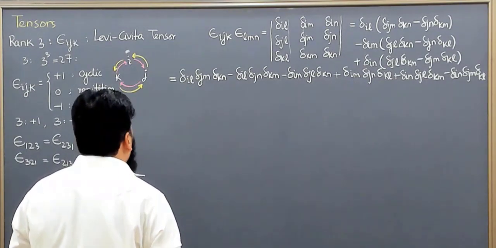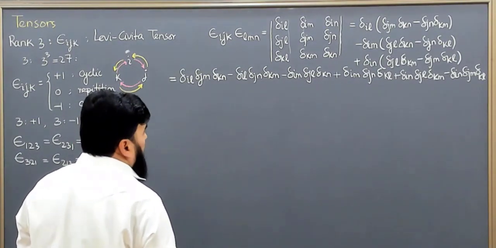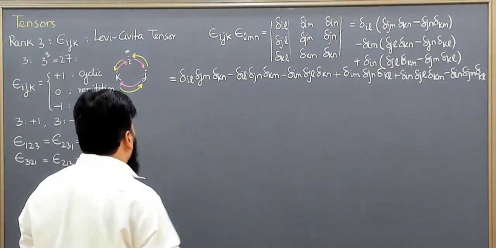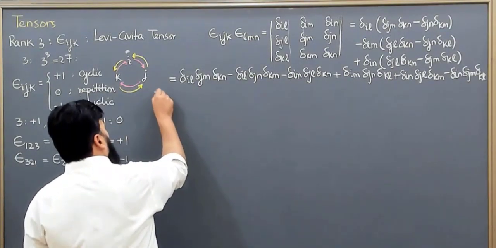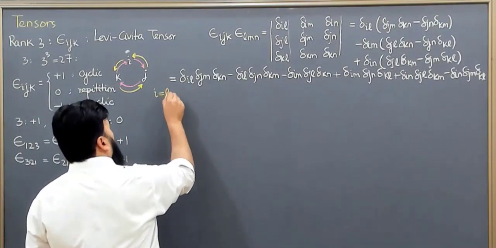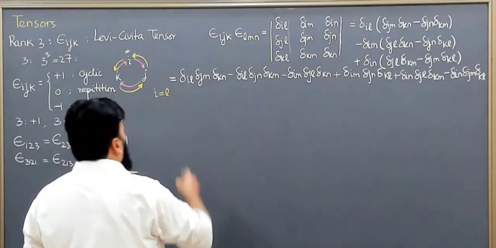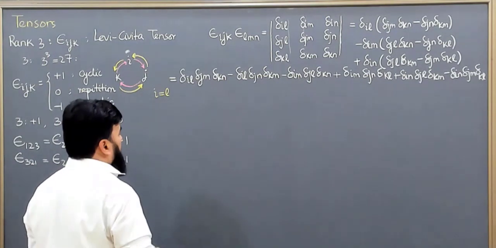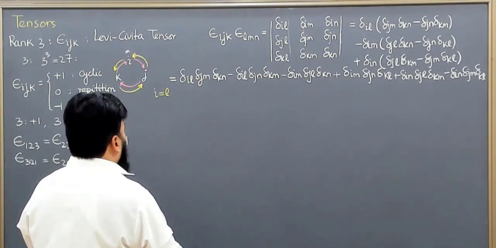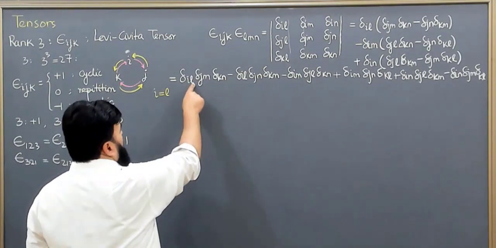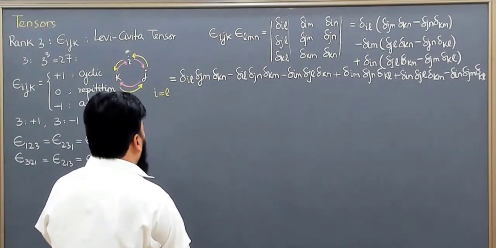Now let's say we are using two indices to be the same. Let's say i is equal to l. Wherever we have l, we will replace it with i.